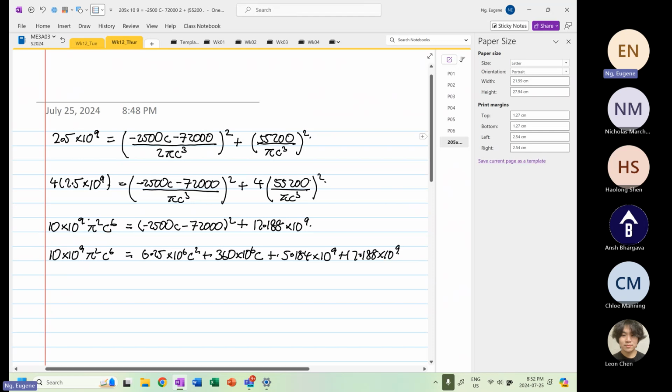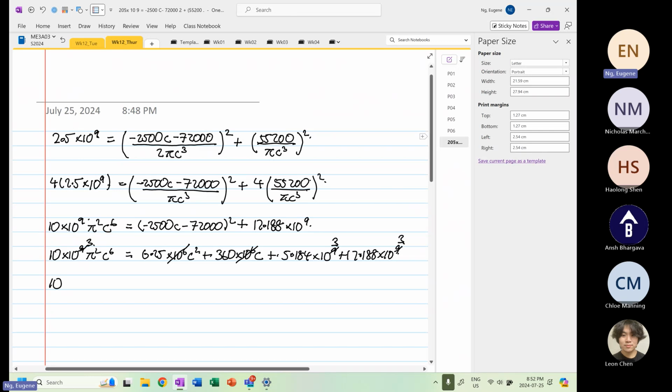Okay. So from here, we simplify everything. So we bring everything across. All of them are 10 to the power 6, 10 to the power 6, and the 10 to the power 9, I change to 3, 10 to the power 9, I change to 3, 10 to the power 9, I change to 3.